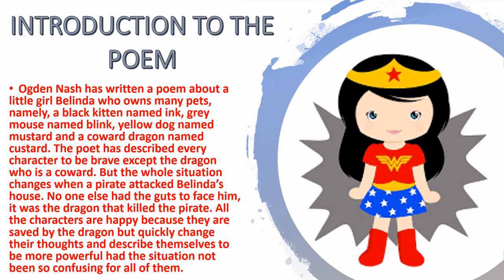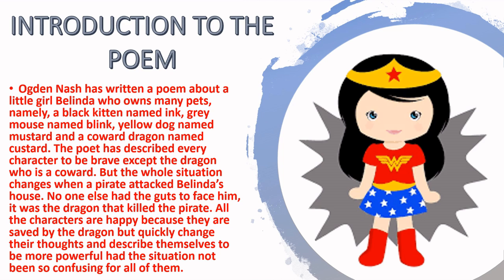The poet has described every character to be brave except the dragon, who is a coward. All the other characters like the kitten, the mouse and the dog are described as brave, but the dragon was a coward.